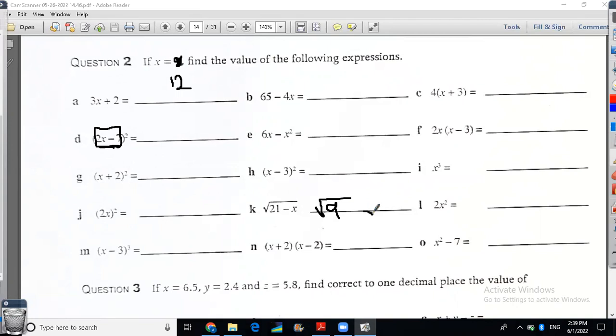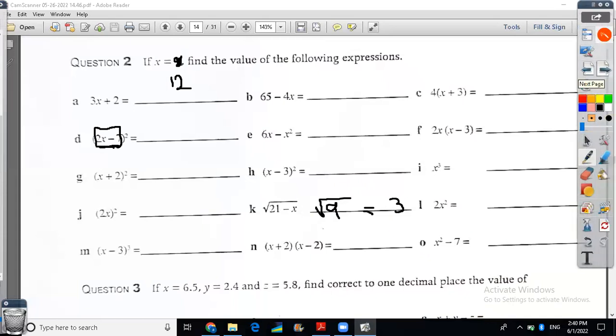Well, square root of 9 means what's the number that you can multiply by itself to give you 9. The number that when you square gives you 9. Okay, the number that when I multiply by itself gives me 9 is 3. Exactly. So the square root of 9 is 3. That's the answer. Okay, good, perfect.